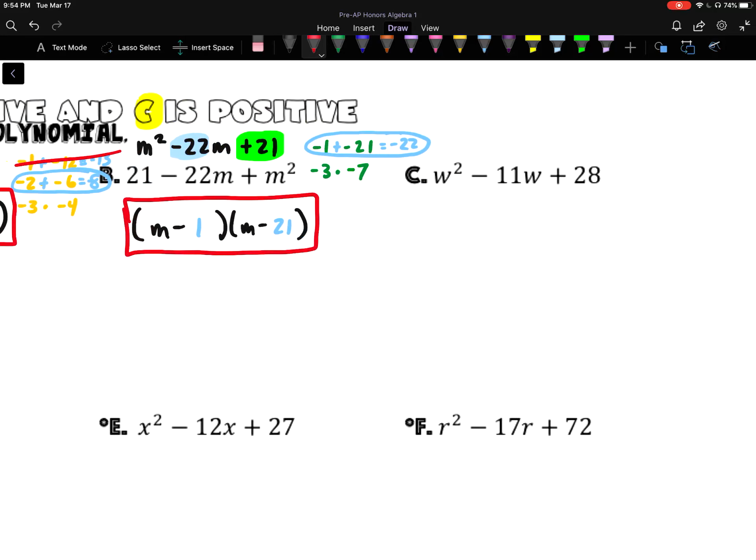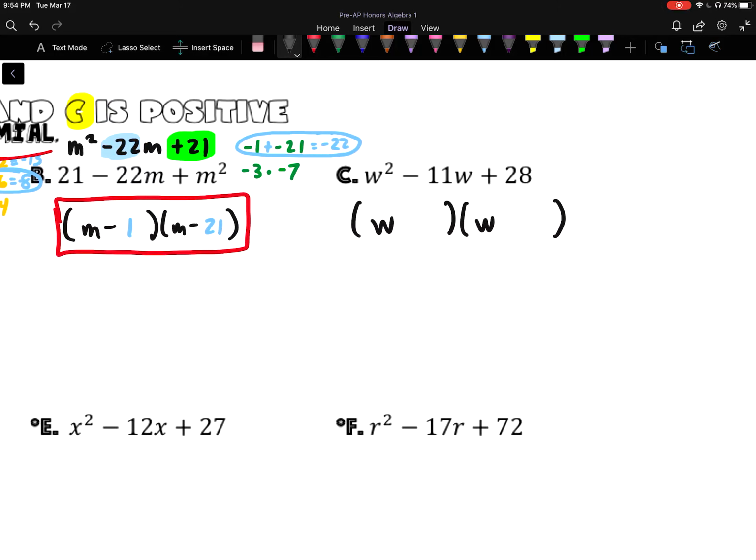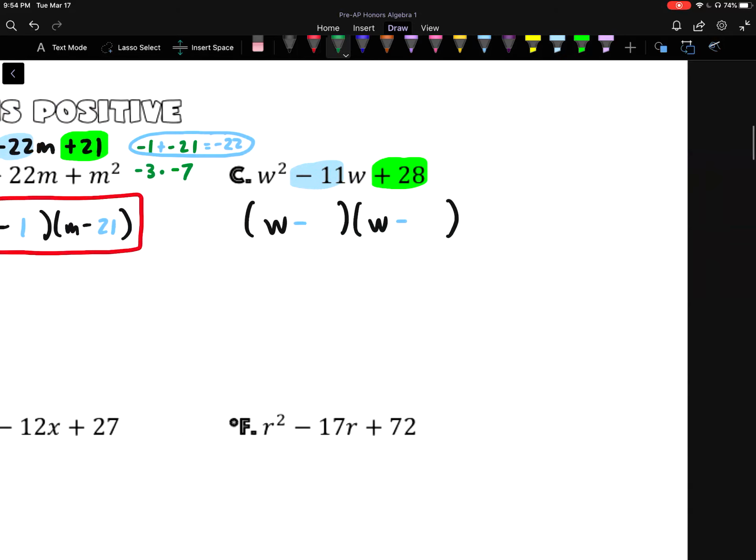In C, go ahead and start off your parentheses with w in each set. I'm looking for two numbers that multiply to 28 and add to negative 11. So with that combination, both numbers have to be negative. Factors of 28 are negative 1 times negative 28, negative 2 times negative 14, and then we have negative 4 times negative 7.